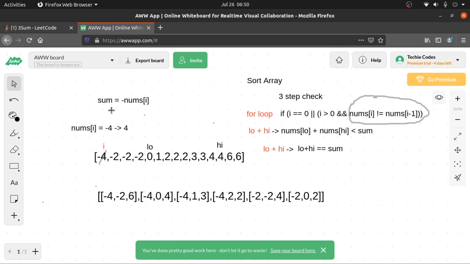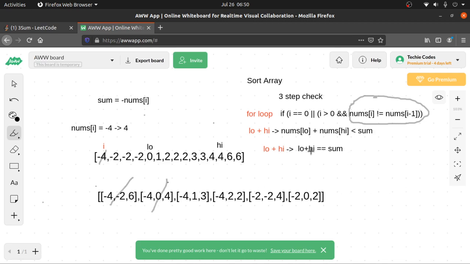What we are looking for is minus 4, and we are looking for 4. 0 plus 4, and that gives me our low pointer is 0, and our high pointer is 4. Minus 4, 0, 4, that will give me again 0. So boom, we do the second one.